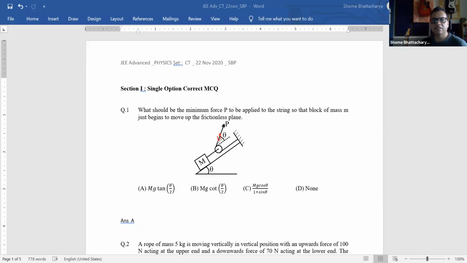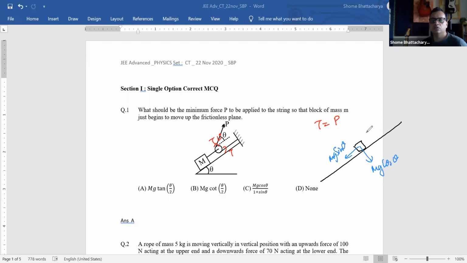So you're pulling with a force P on this thread. So the tension developed in the thread, that tension is equal to how much? That's equal to P only. Okay. So now if you look at the block's free body diagram, what all forces are acting on the block? So on the block there is, I'll break mg into components. Okay, so there's mg cos theta, mg sin theta.